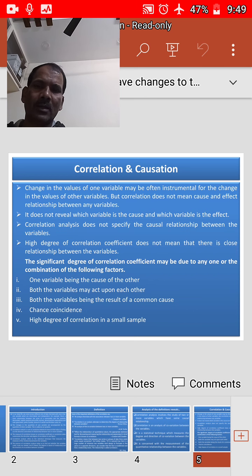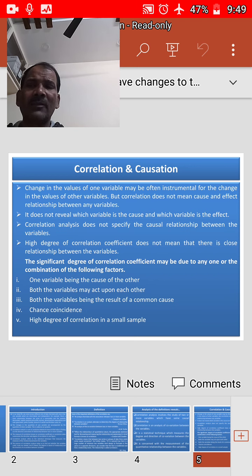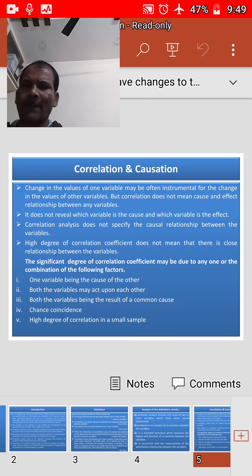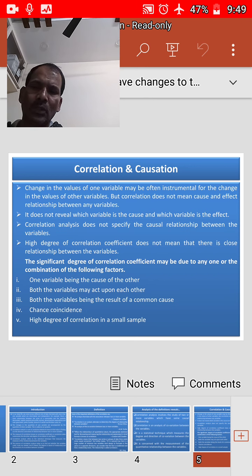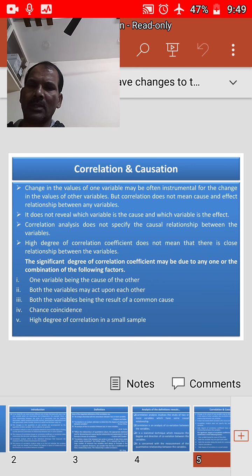Then we may get a high degree of correlation for those small samples. There may not be any significant relationship between the results obtained for the small samples and that of the variables of the universe. For example, the high degree of negative correlation between the heights of fathers and sons may be on account of the study of a small sample of pairs of them. That may mislead us.